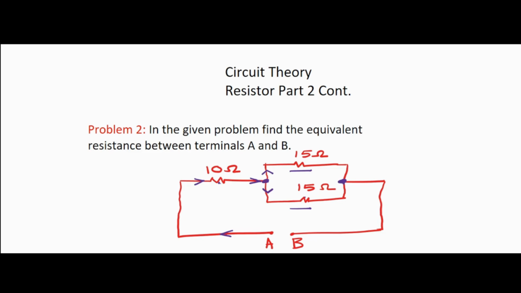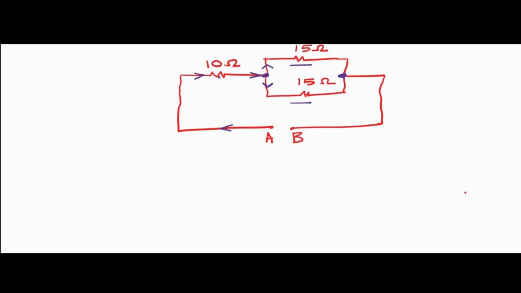So now, how will you calculate? Let us consider the equivalent resistance between terminals A and B, written as RAB. So RAB equals 10 plus 15 ohms parallel 15 ohms.